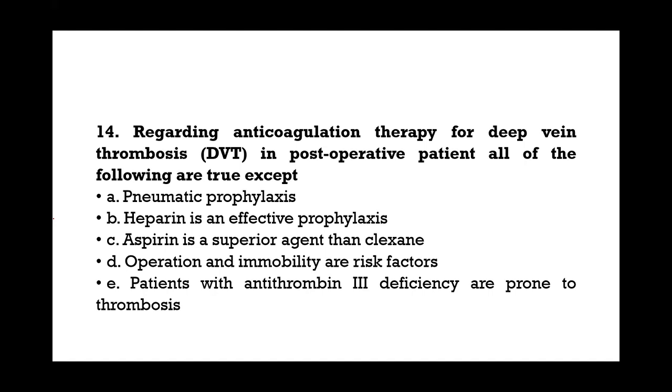The mechanical methods include intermittent pneumatic pump pressure of the calf, and use of TED stockings, embolic deterrent stockings. The chemical methods are the use of drugs like Clexane, heparin, aspirin, and so on.